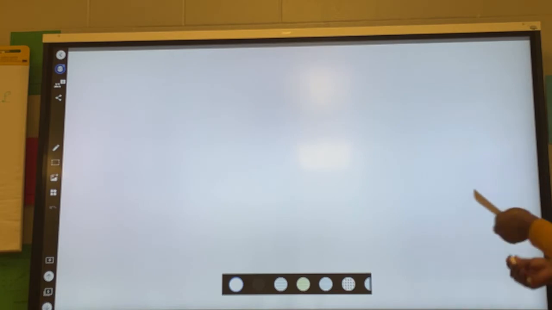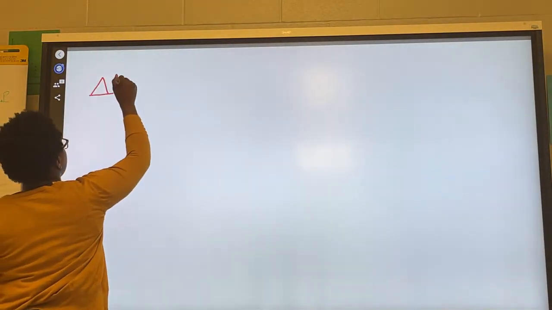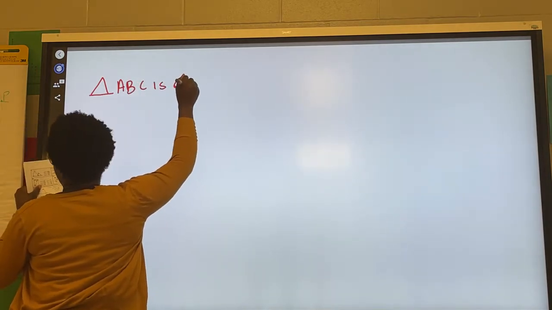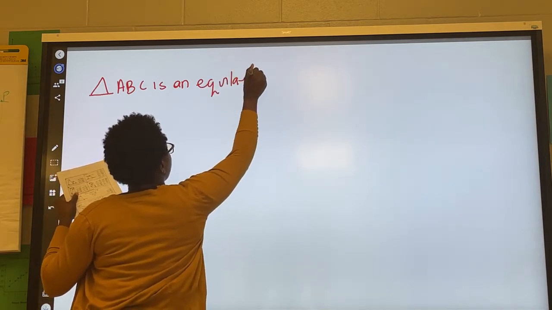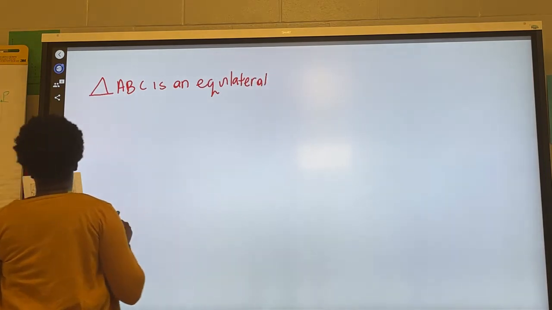Okay, so the first one says triangle ABC is an equilateral triangle. So once you see that, the first thing you ask yourself is, what do I know about the equilateral triangle?